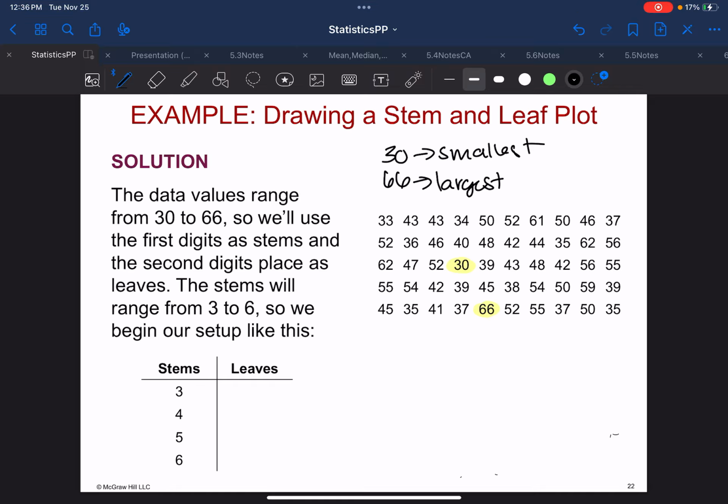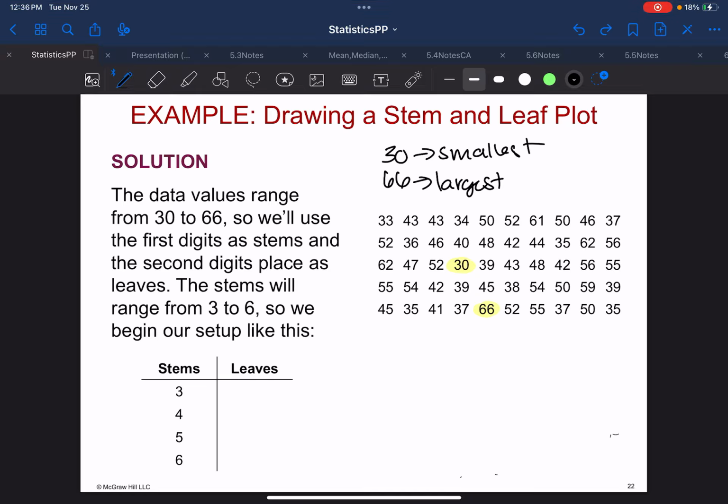So to make this stem and leaf plot, I'm going to list my stems on the left side of this table. And so because 30 is the smallest value, I just need to start with 3. So that's the first digit of my smallest number in my data. And then it just needs to go to 6 because this is the largest first digit in my data.